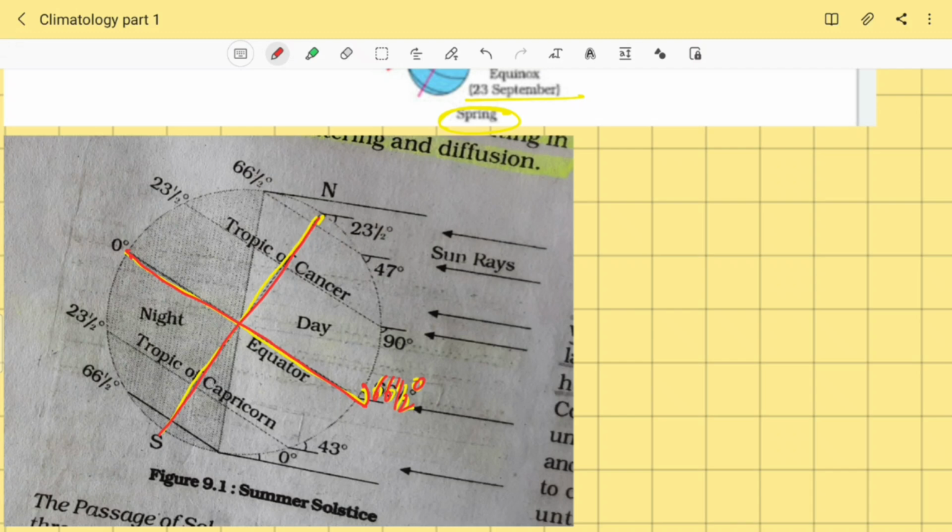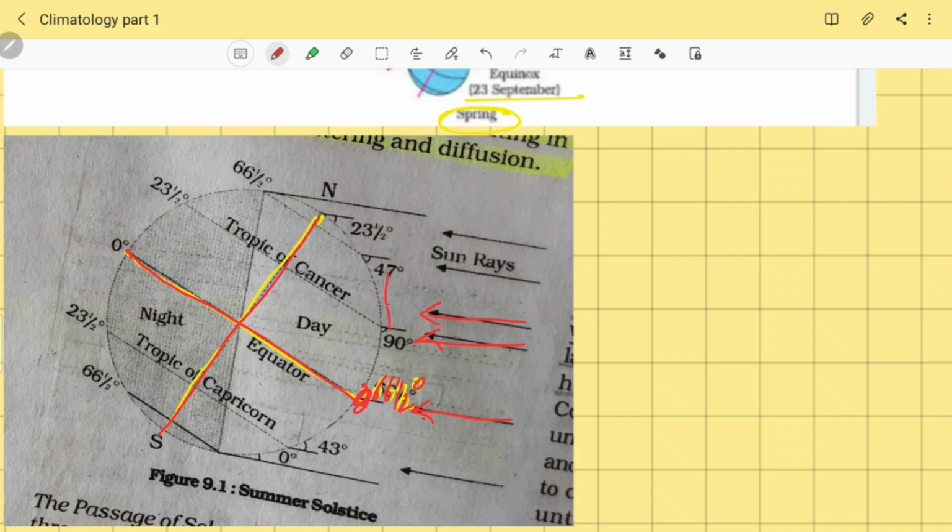We know that when the light falls here, it receives more energy compared to when it falls here, because it has to travel through the atmosphere and it scatters.